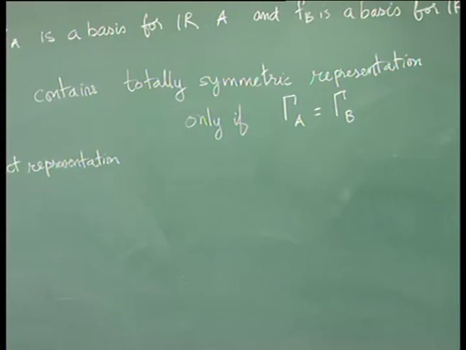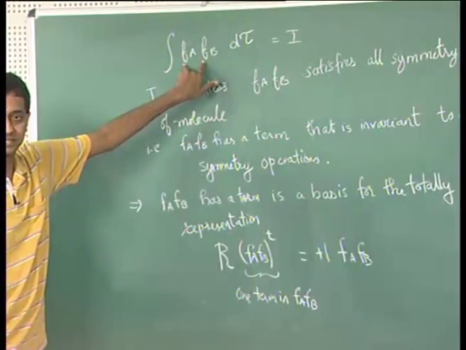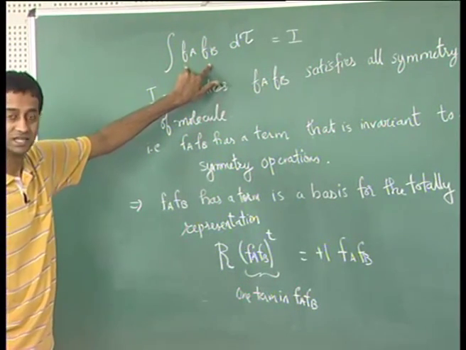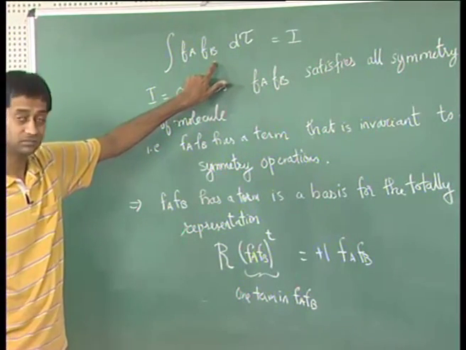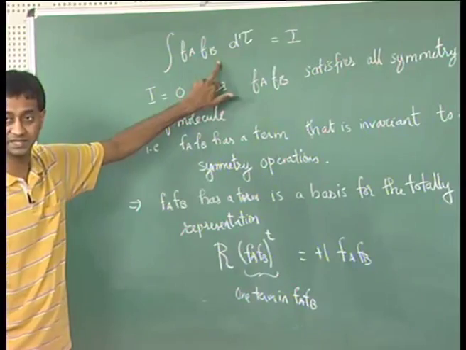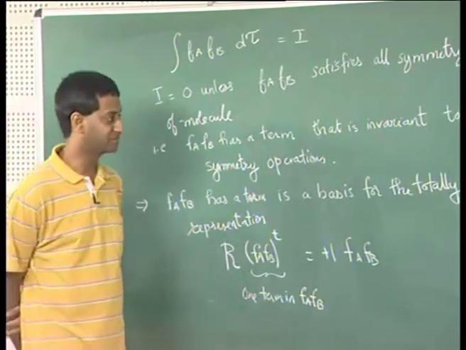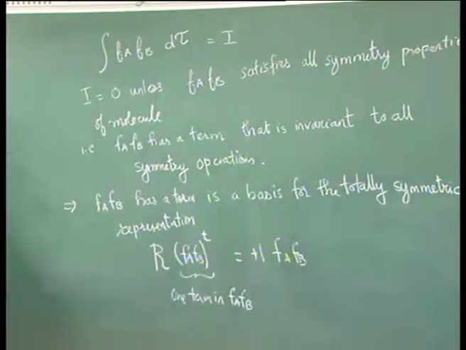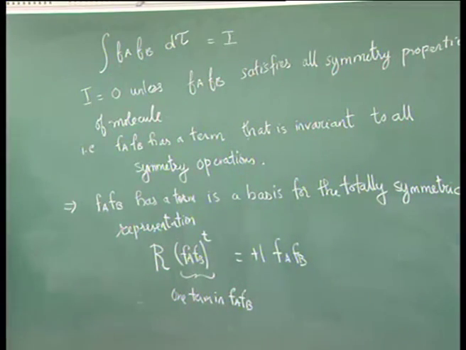So in other words, this integral is non-zero only if f_a and f_b are the same. If A and B are irreducible representations, then this integral is non-zero only if f_a and f_b belong to the same representation, that is, only if f_a and f_b are basis functions of the same representation.